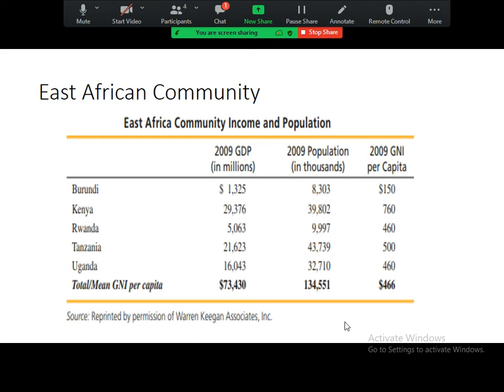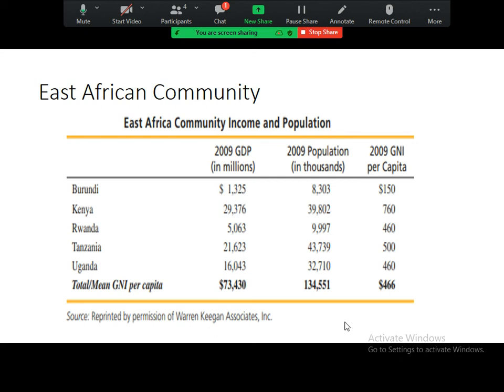The East African Community origins date back more than 40 years, but it has been only since 1999 that substantial progress has been made towards integration and cooperation. Today, the East African Community has evolved through several stages listed in this particular table.